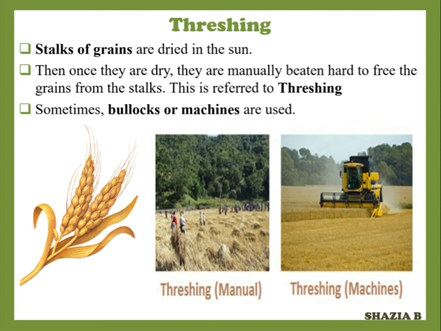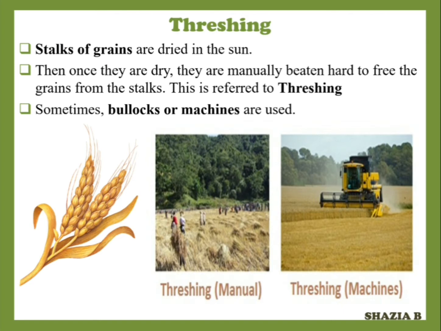That is, threshing is the process of separation of grains from stalks once these stalks of grains have been dried out in the sun. Sometimes it can be done manually, or sometimes we take the help of bullocks, that is animals, or machines are also used. Machines called combine harvesters are used.